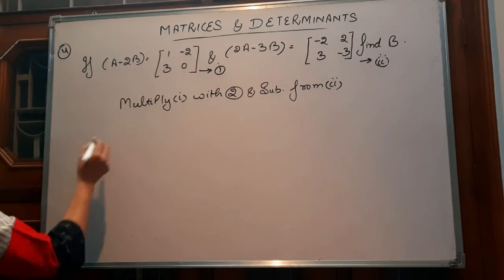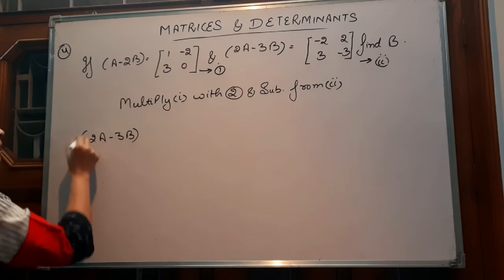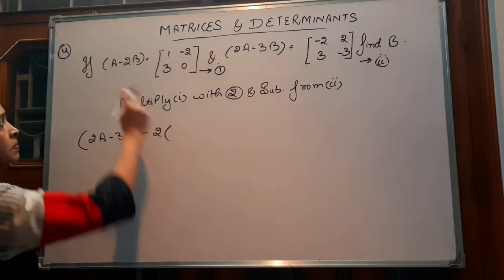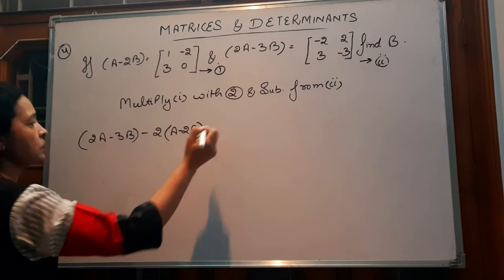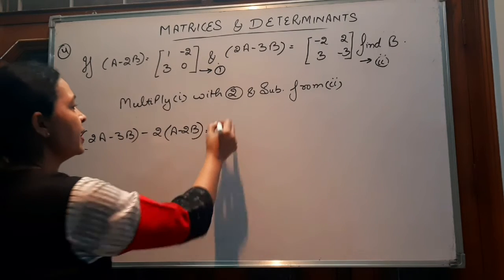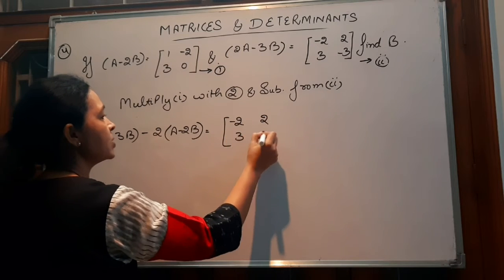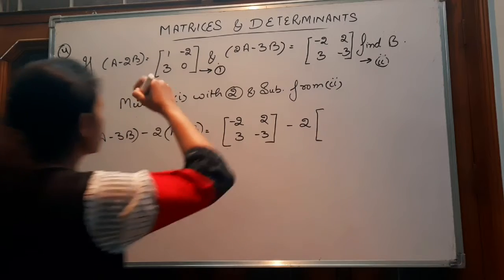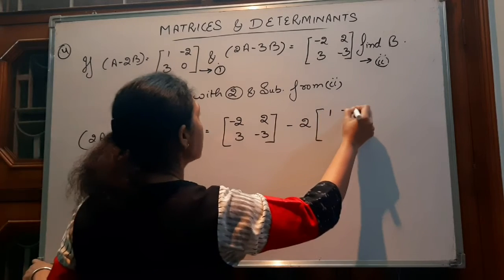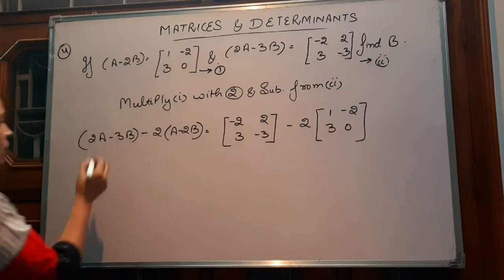First we will write the second one, 2A minus 3B, minus 2 times the first one, A minus 2B. 2A minus 3B is matrix minus 2, 2, 3, minus 3, minus 2 times the first matrix, which is 1, minus 2, 3 and 0.